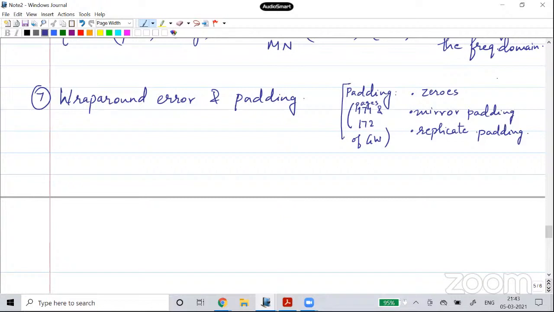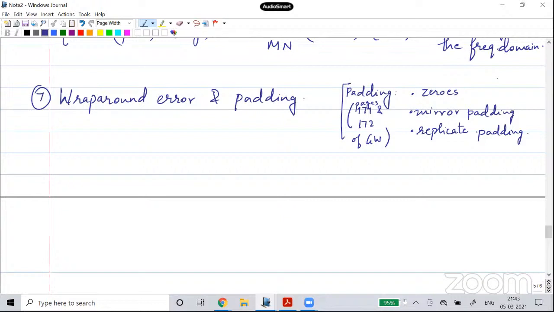Now the convolution theorem tells us that there are two ways of computing spatial convolutions. We can do it directly in the spatial domain as we saw earlier, or we can compute the Fourier transform of each function, then multiply those functions and compute the inverse Fourier transform. So this is the second way of doing it.